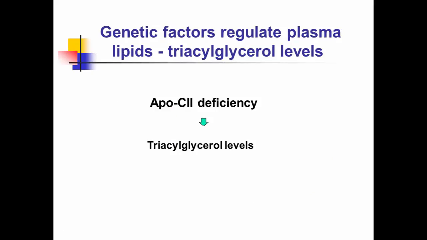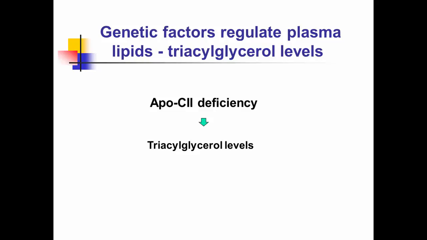Now let's talk about the genetic factors that regulate plasma lipids. We just mentioned that genetic factors probably play a major role in the lipid profile and metabolism. I'll give you examples that help us understand how genetic factors influence the lipid profile or lipid metabolism.